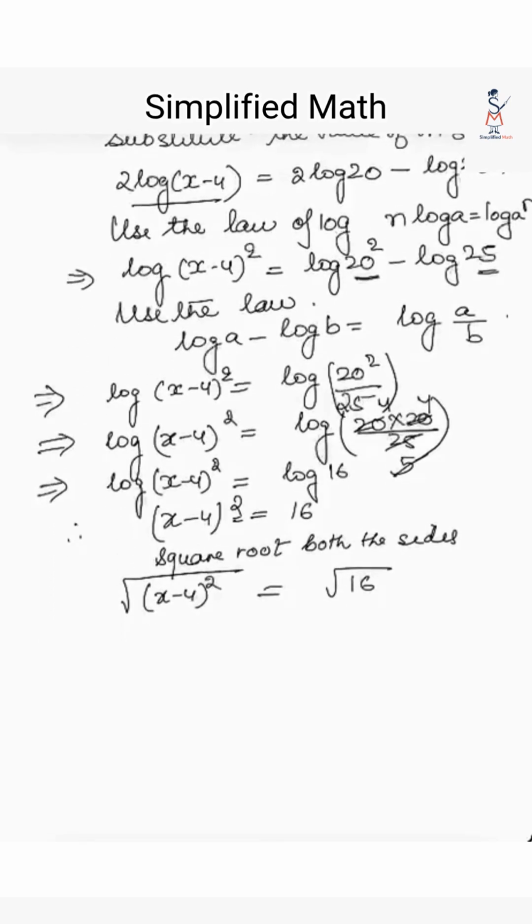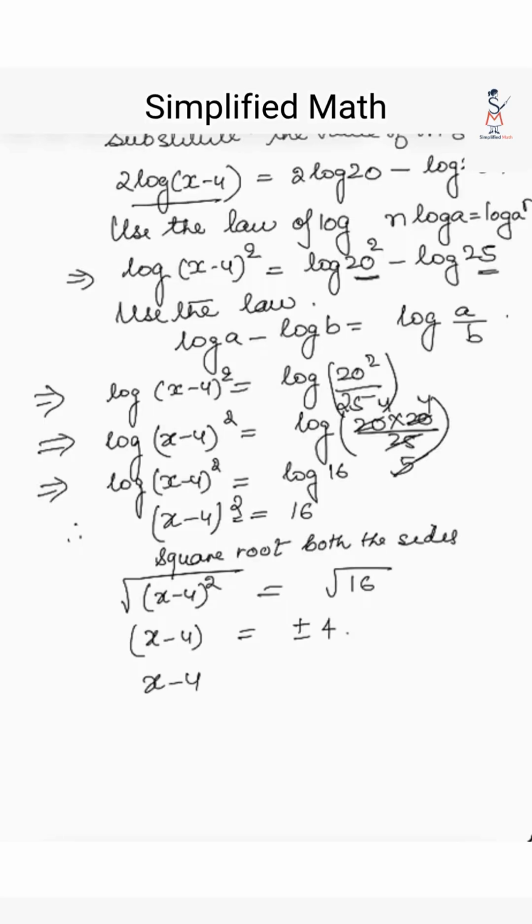Now here you have to take care. This will become x minus 4, and the square root of 16 is plus minus 4. Plus 4 is also a square root of 16, and so is minus 4. So we will take both the cases here.